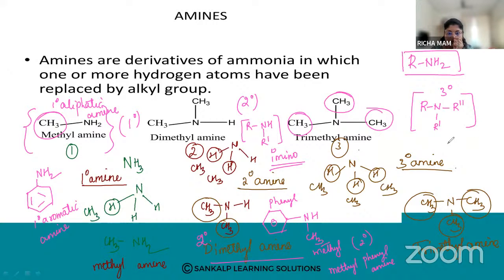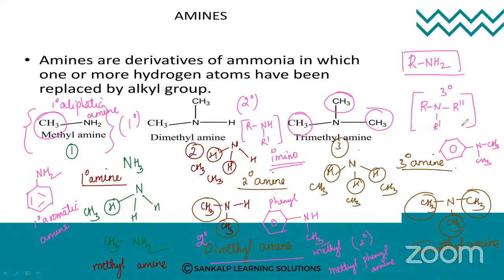Now, if we see a tertiary aromatic amine, one of the R groups can be a phenyl group and the others can be alkyl groups. If any one of the groups is an aromatic ring, then it becomes an aromatic amine. So can you name this compound?